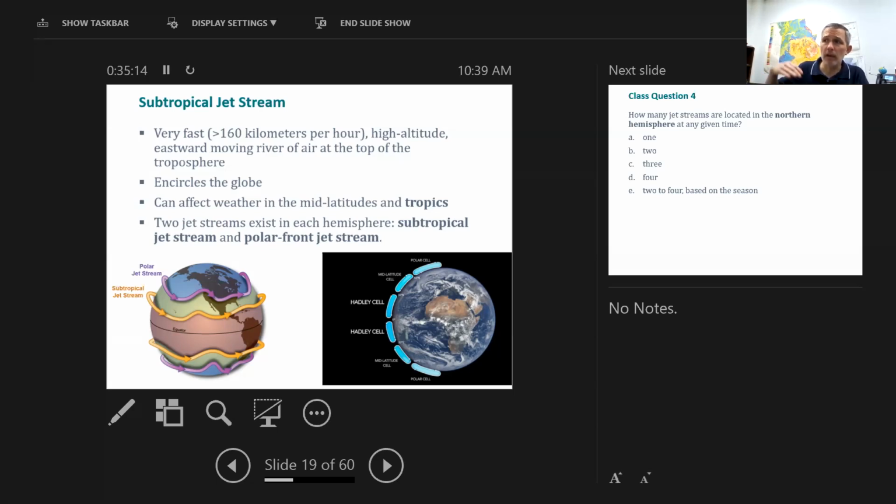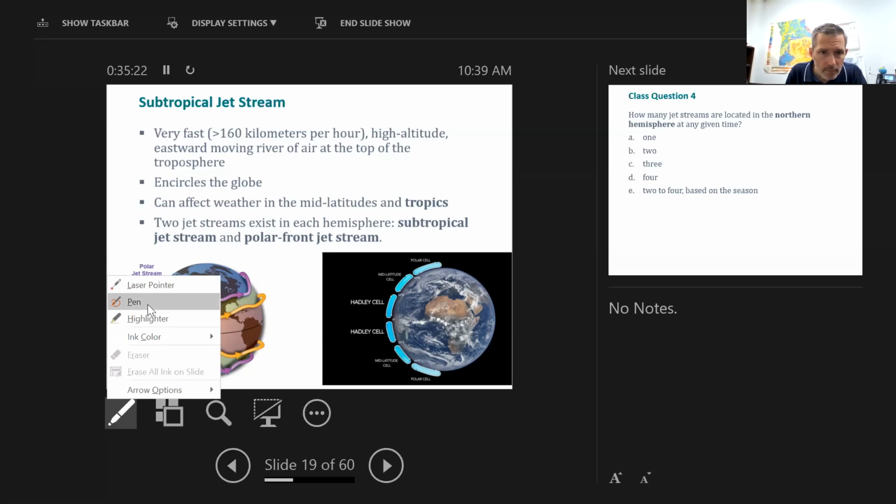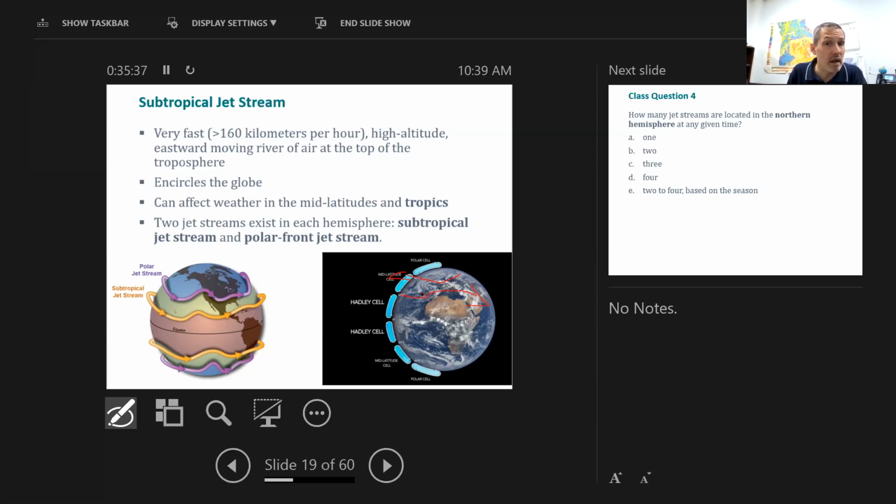And so what's going to happen is that air is going to be moving from the northern hemisphere in this general direction from the east, and the air over here is going to be, as it's sinking from the edge of this Hadley cell, it's going to be moving from the west to the east.